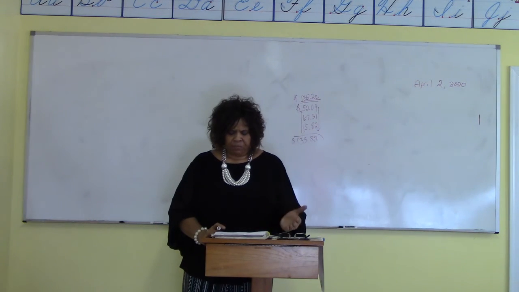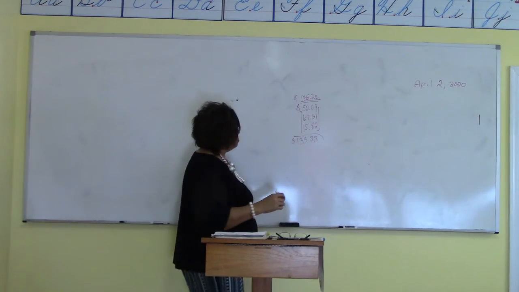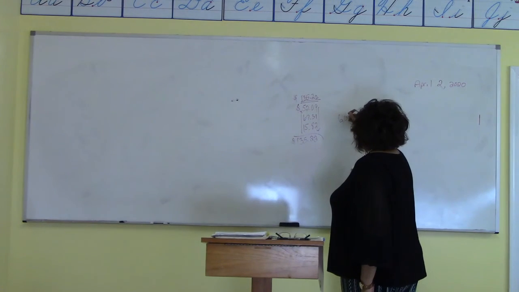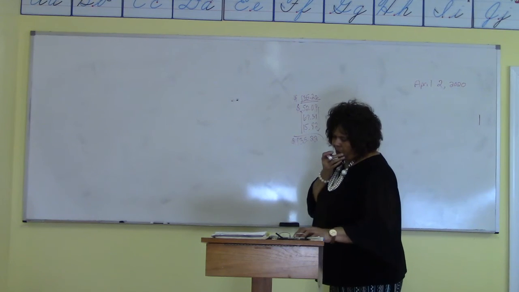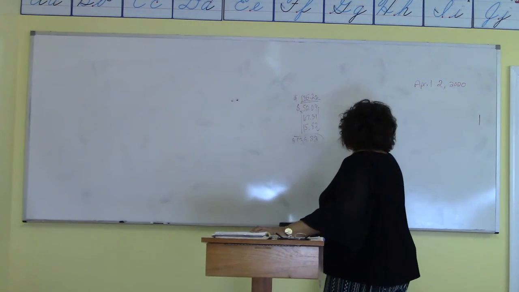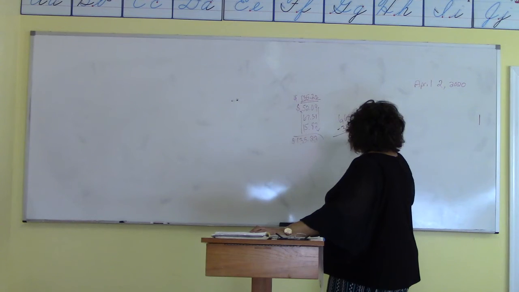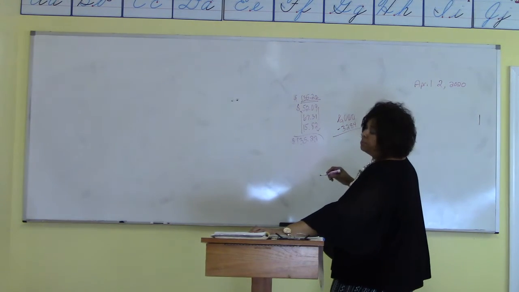Number 6, subtracting check. When we subtract and check, here's one of your nemesis. We have 6,000 minus 3,284. You know, all of these zeros, you cannot take a whole number from 0, so you have to come all the way to the thousands, right?